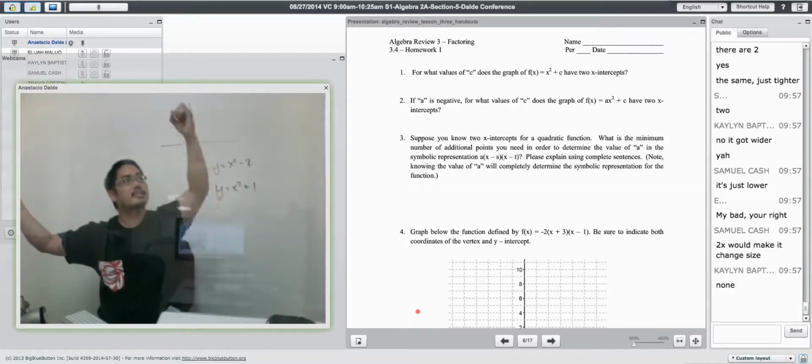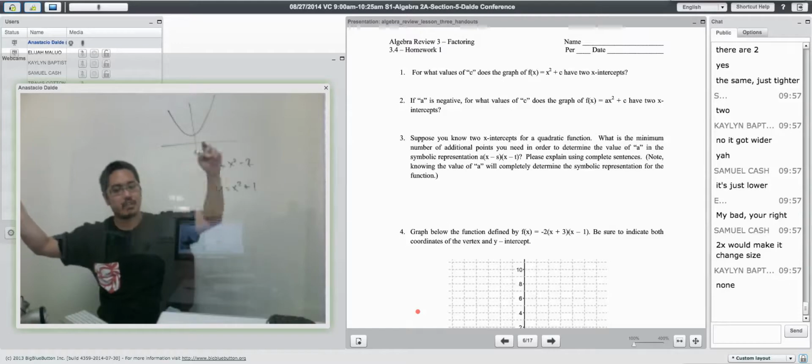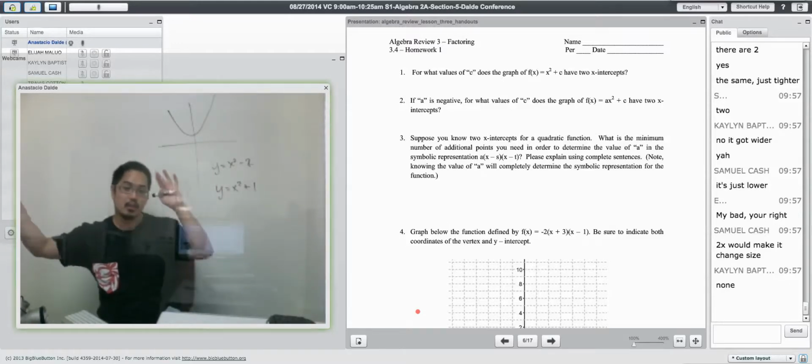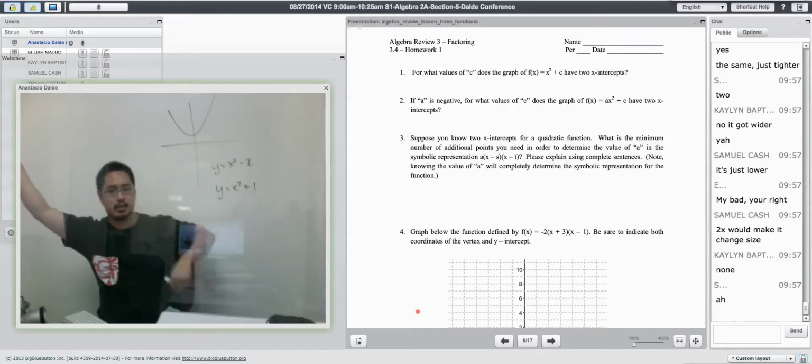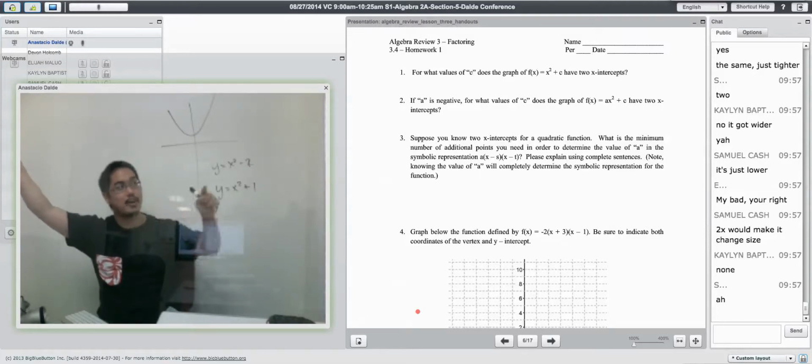None. Exactly, because it's crossing over here, so it never crosses the x-axis, so there are no x-intercepts. So what this question is asking you is, what values of C do I need to plug in in order to have 2 x-intercepts? Because if I plug in the wrong value, I can get no intercepts.